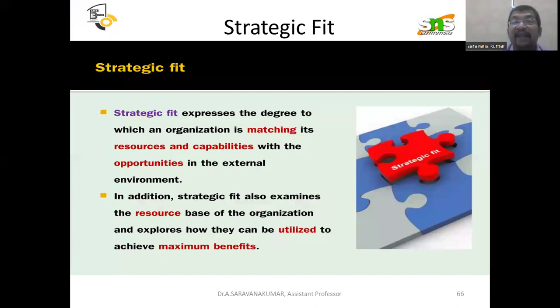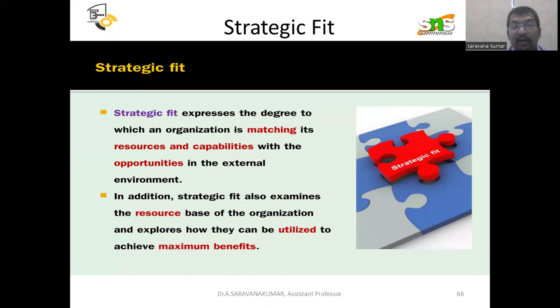Next, we are going to discuss strategic fit. In every organization we are using a strategy, but only if it is suitable will the organization succeed. So that's why we say it's a strategic fit. Strategic fit expresses the degree to which an organization is matching its resources and capabilities with the opportunities in the external environment.